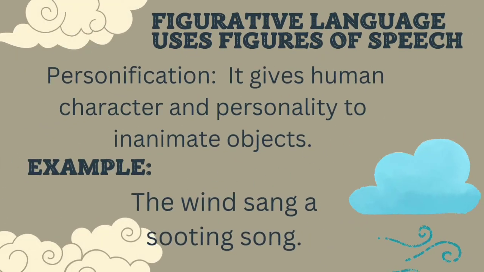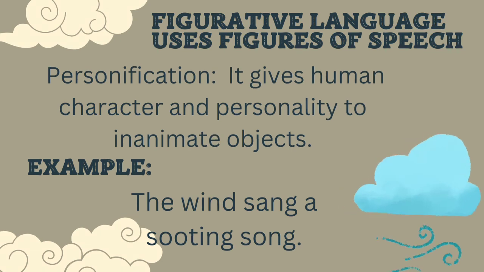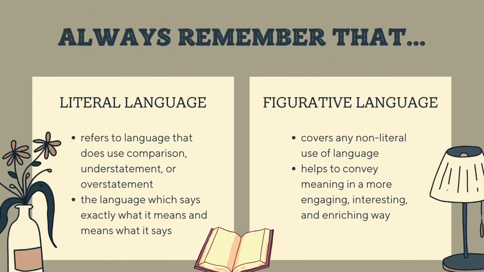So let's proceed to personification. It gives human character and personality to inanimate objects. For example, the wind sang a soothing song. So this figuratively refers to the calming sound of the wind. The wind is not literally singing a song. So those are the examples of figurative language.